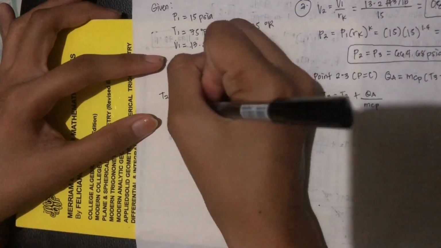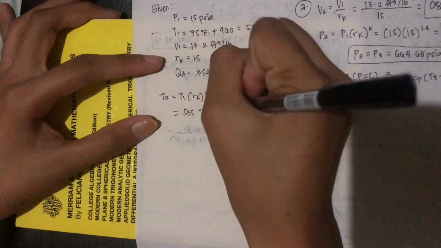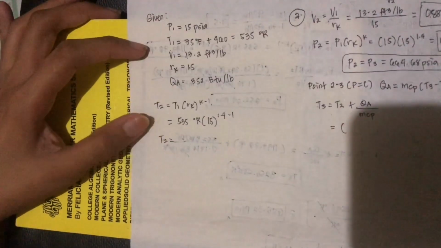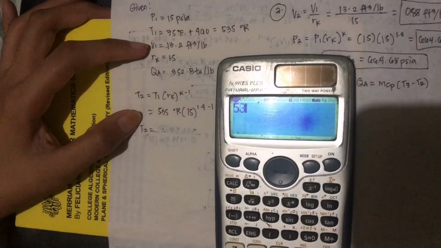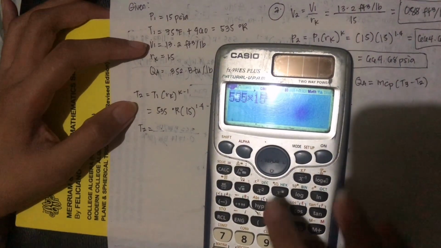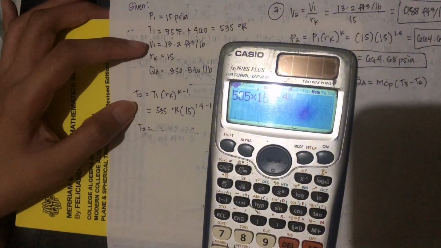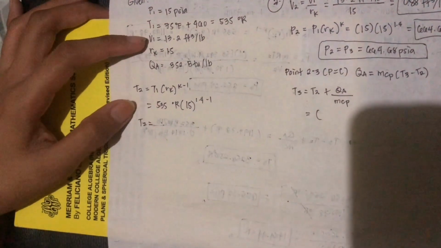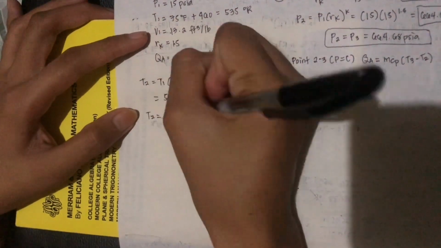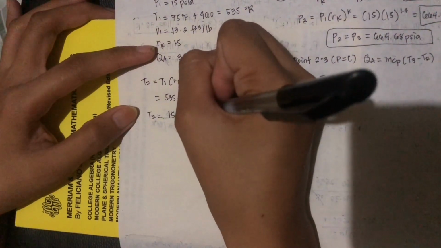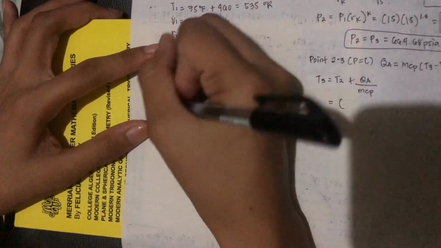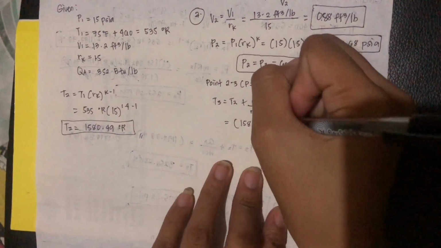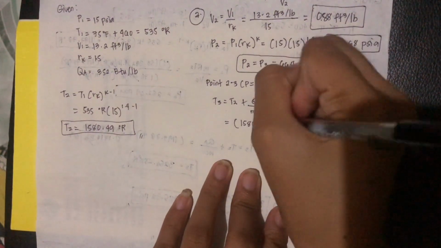We substitute: T1 is 535 Rankine, times RK of 15, to the power of K, 1.4 minus 1. So we get a T2 answer of 1580.49 Rankine. Now we can proceed. So T2 is 1580.49 Rankine.